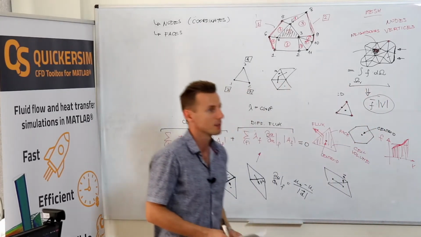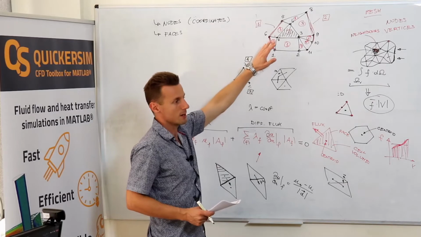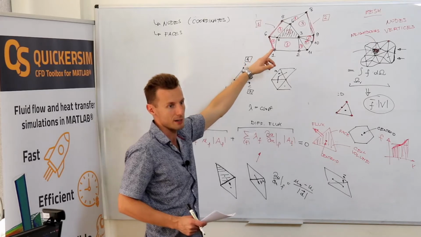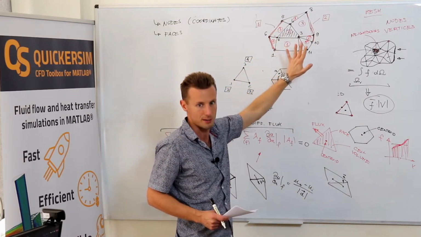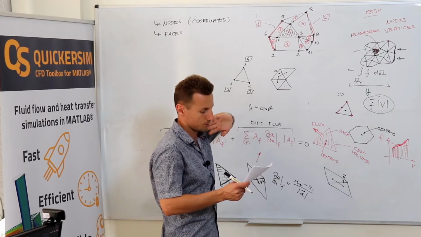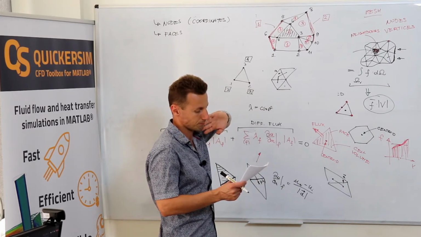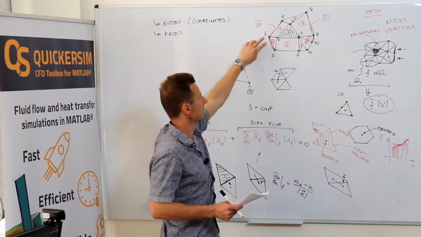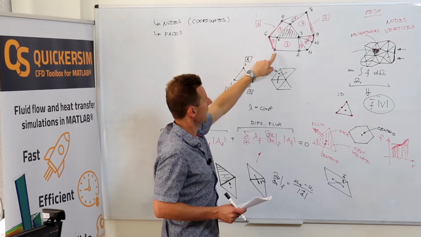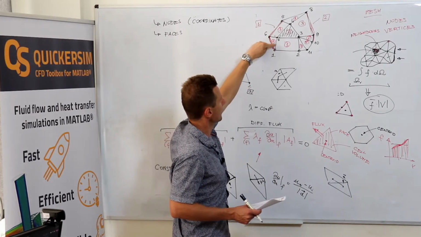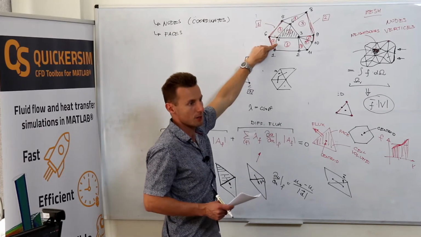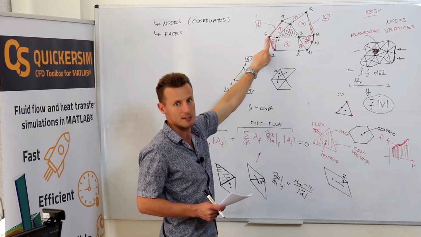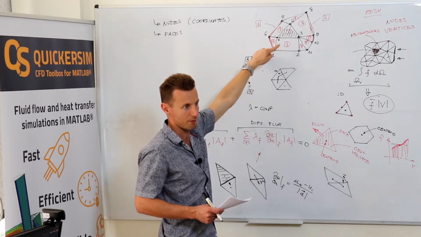Basically, you're not preparing any data structures saying anything explicitly about the connectivity of cells. You only store the collection of faces, and for each face, let's say 1, 7, you say which cell is on the left-hand side of the face and which cell is on the right-hand side of the face.